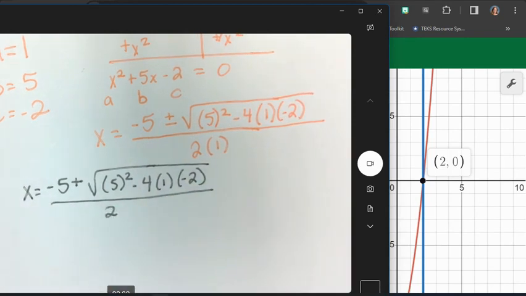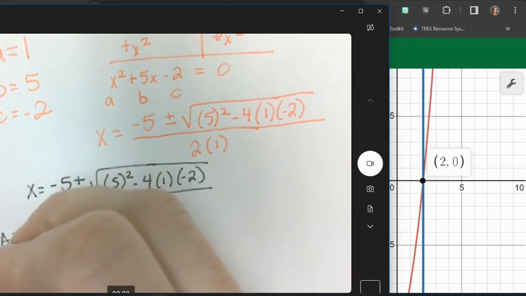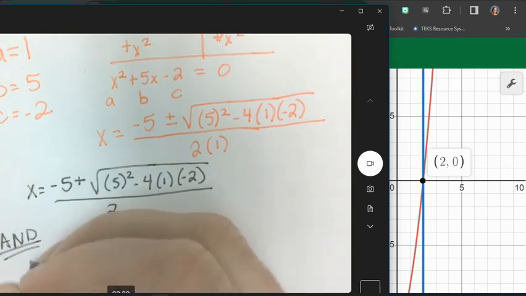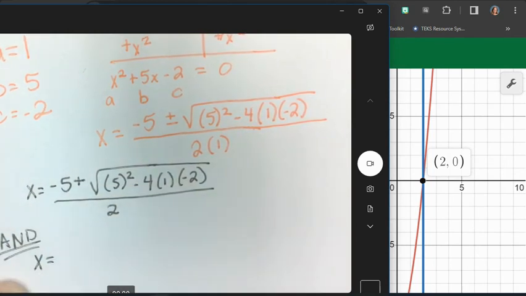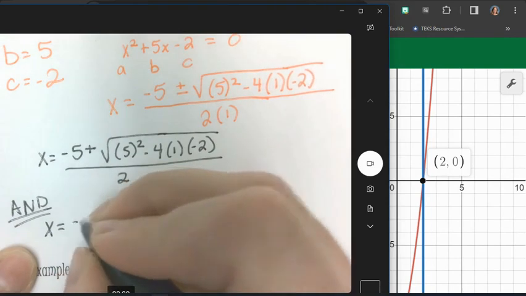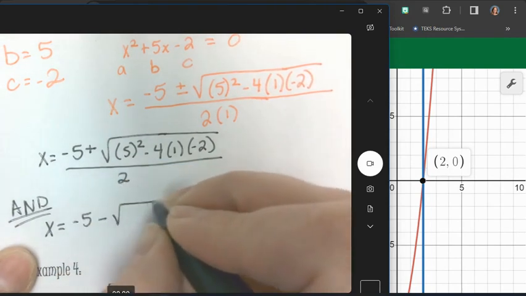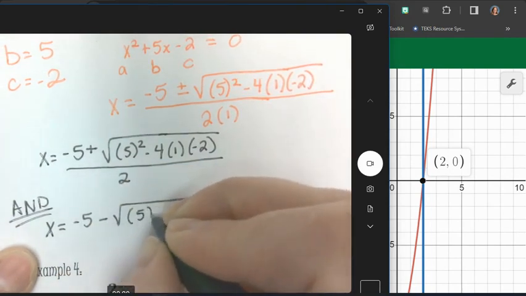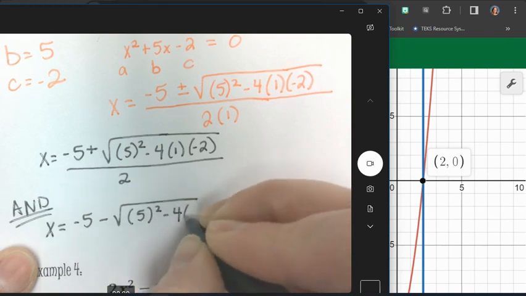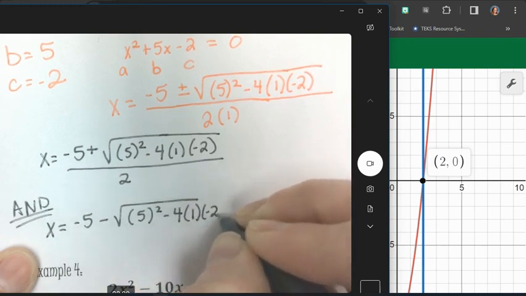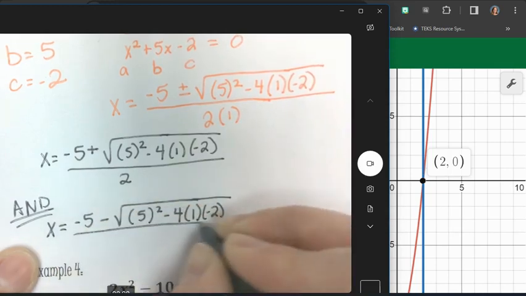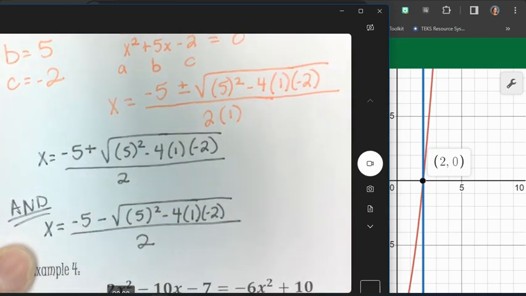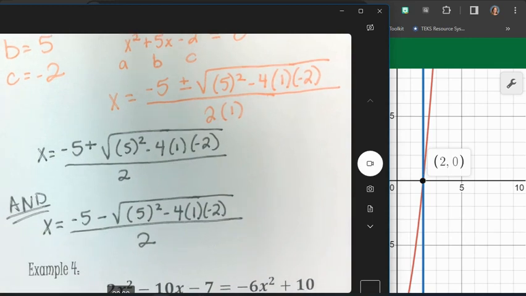So if I want to kind of reduce it a little bit, I can. Okay, and then write and, because we're going to have 2. x equals -5 minus square root 5 squared minus 4 times 1 times -2 over 2. Okay, we're almost done. We're going to put it in the Desmos.